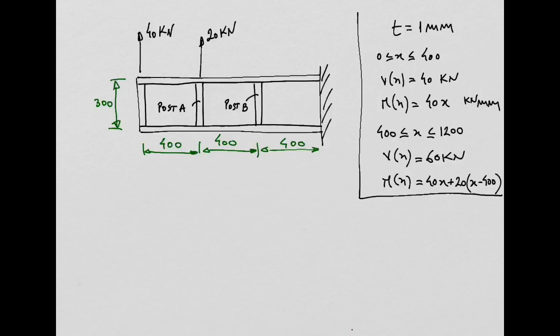Now, part B. They want to know the maximum compressive force in the flanges due to the combination of primary bending moment and the tension field effect. Okay, so basically they want you to calculate the forces in the flanges.